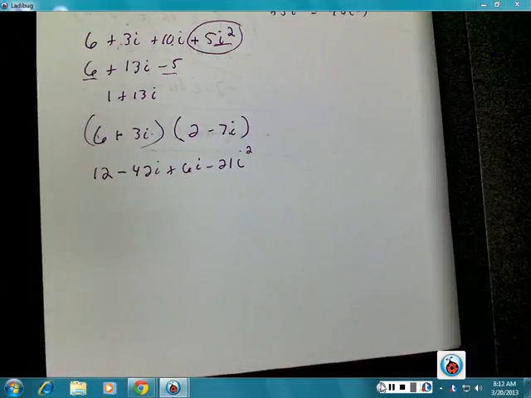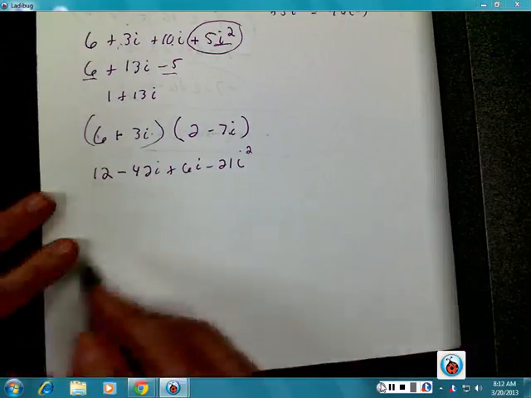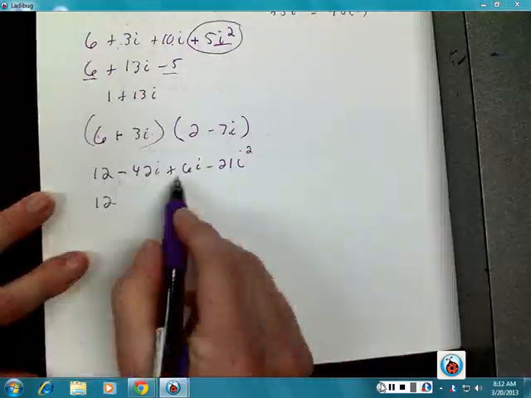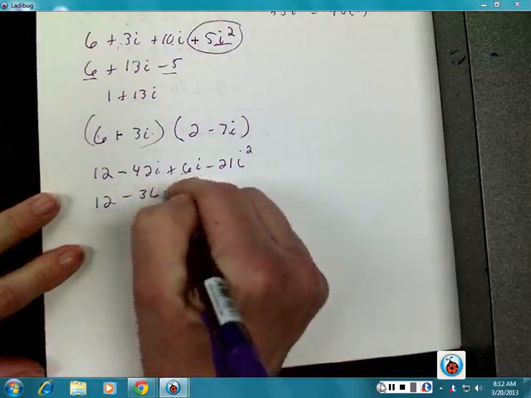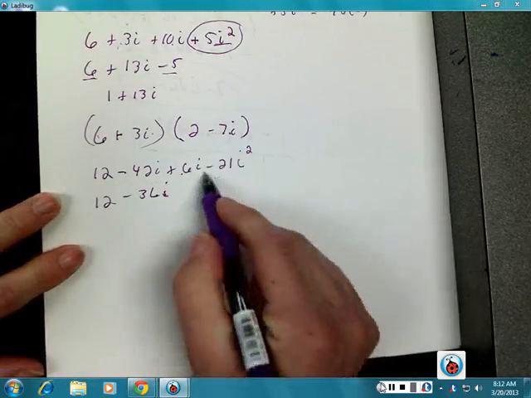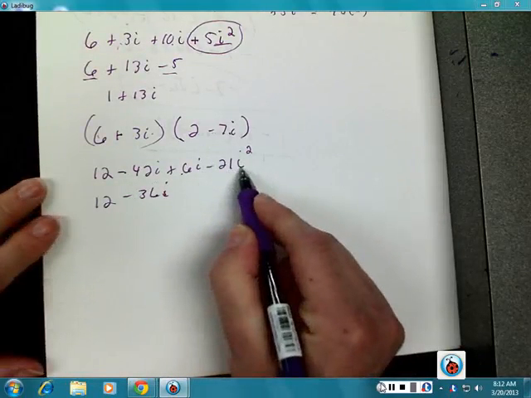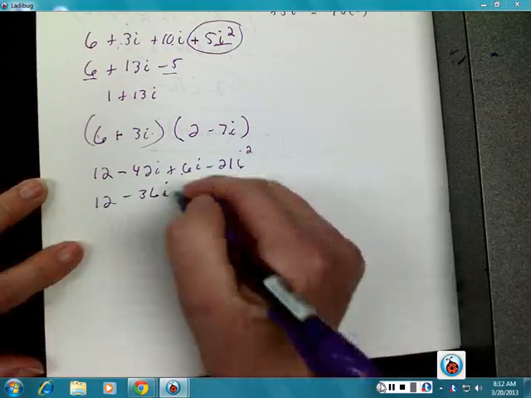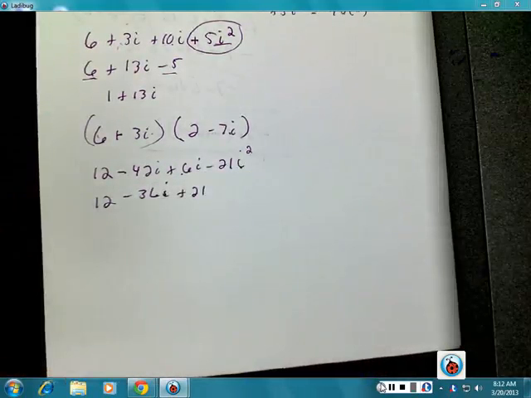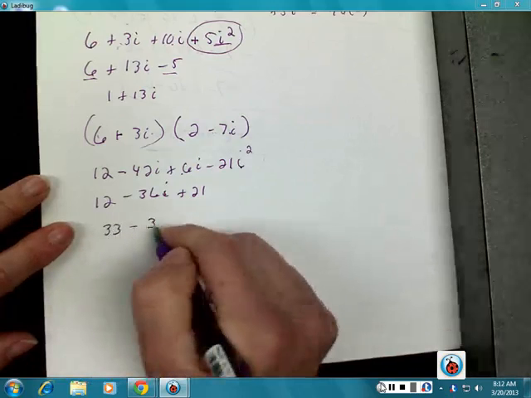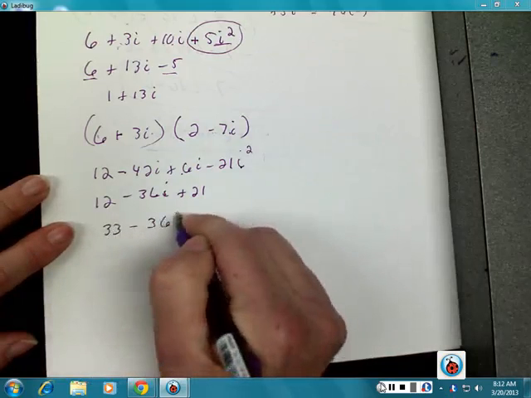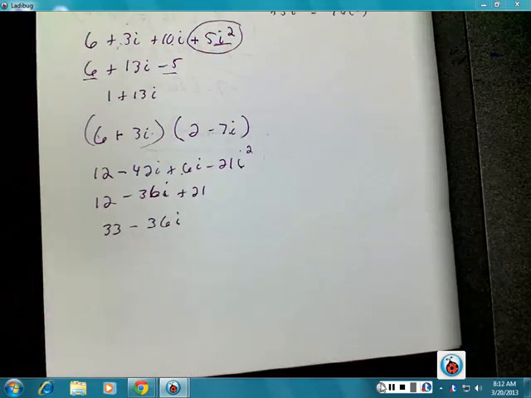Are you good with that part? Okay. So what do I have? Well, I have 12. -42i and a positive 6i leaves me with a -36i. This piece is a -21 times a -1. So what's going to come out of that? Plus 21. Then when I add 12 and 21 together, I get 33 minus 36i. Okay? So that's what happens with that one.